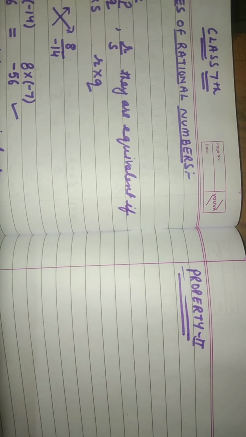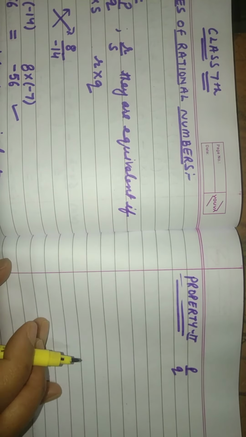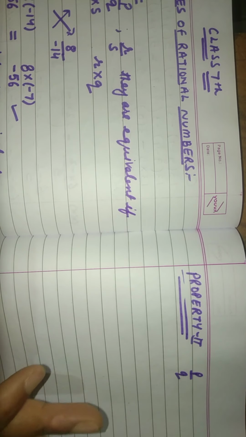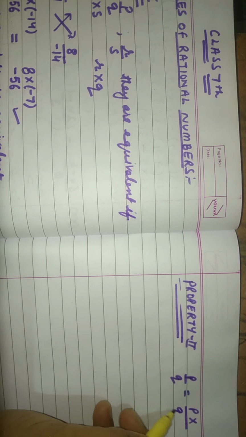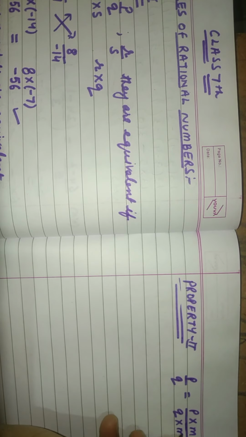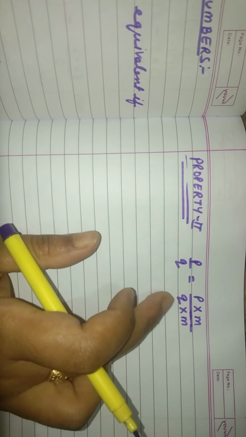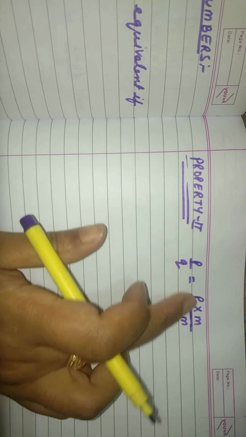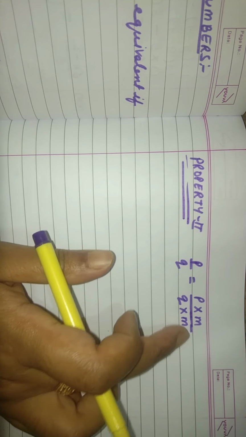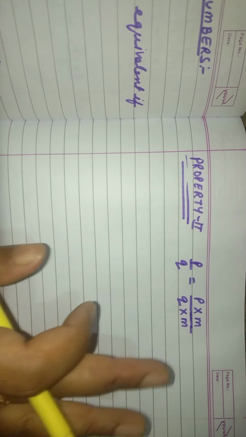It says that if P upon Q is a rational number and M is any integer different from 0, and we multiply both numerator and denominator by M, then this number will also be equivalent to P upon Q.